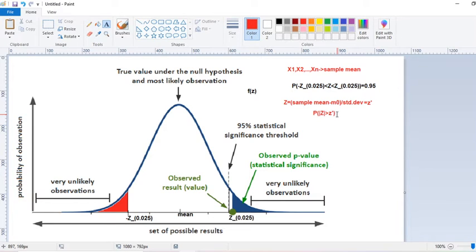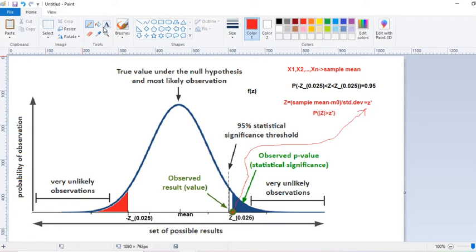Suppose this is the point we have, the observed point, the calculated Z dash. The observed result value is mentioned here.